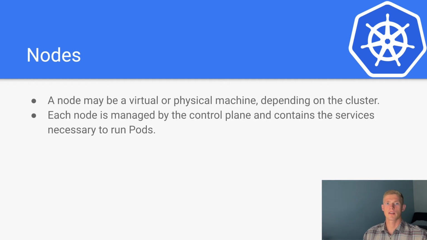Nodes are essentially either physical or virtual machines on which pods can be deployed. Each node is managed by the control plane and contains the services necessary to run pods. So that's just a quick overview of nodes. We'll get into details on a later video.